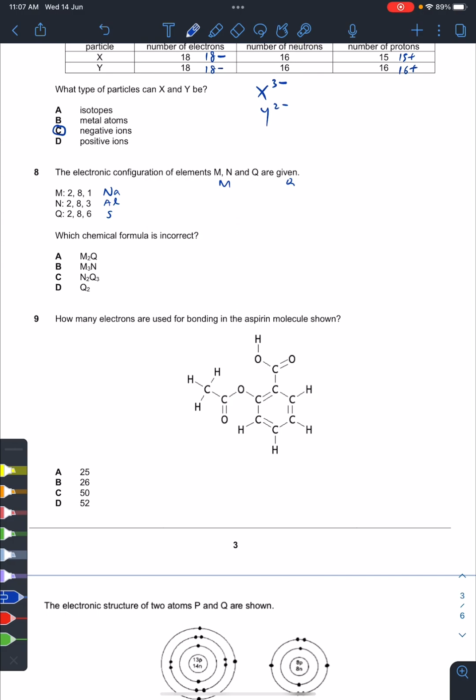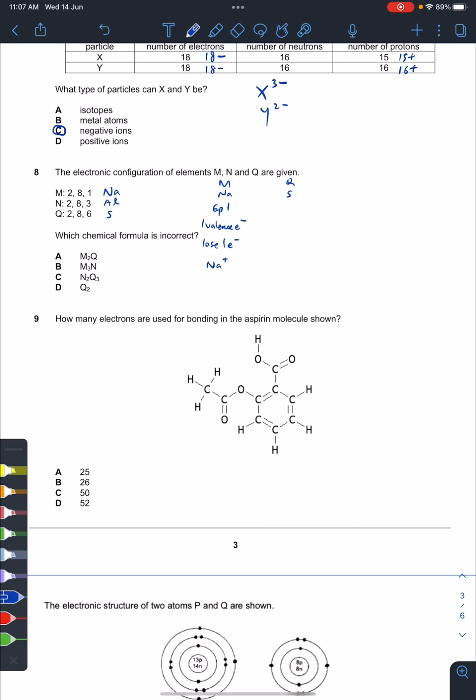M is your sodium. Sodium is group 1. Group 1 means 1 valence electron. Is it easier to gain 7 or lose 1? Lose 1. So you get Na plus.